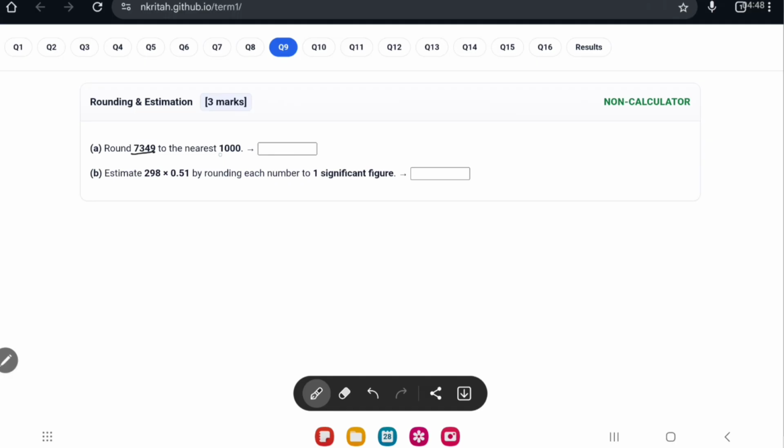Question number 9 is just estimation and rounding. In this case, 7,349 to the nearest thousand. So basically, is it close to 7,000 or is it close to 8,000? What is closest, basically? That's what they're asking us.